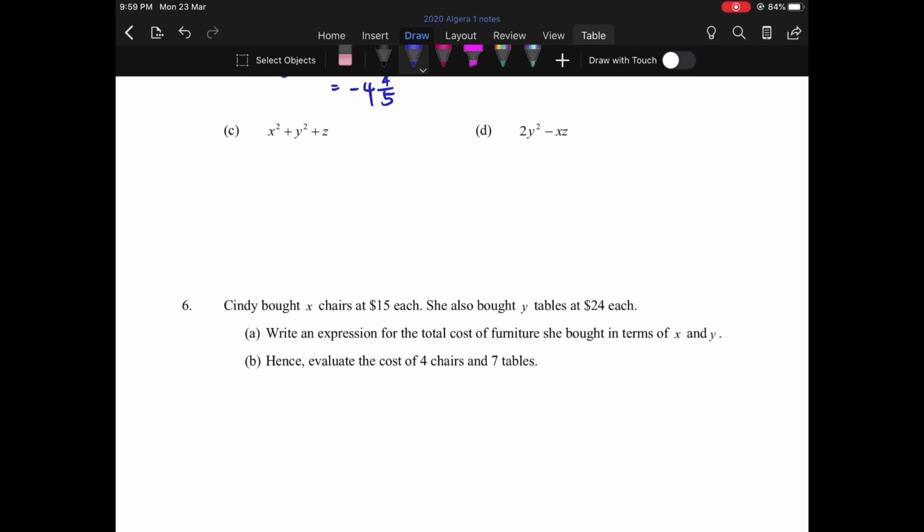Part C, x squared. So please use brackets for substitution. And y is negative 5. Z is 3. So let's evaluate this. This is the square of negative 2. So it means negative 2 multiplied by negative 2.